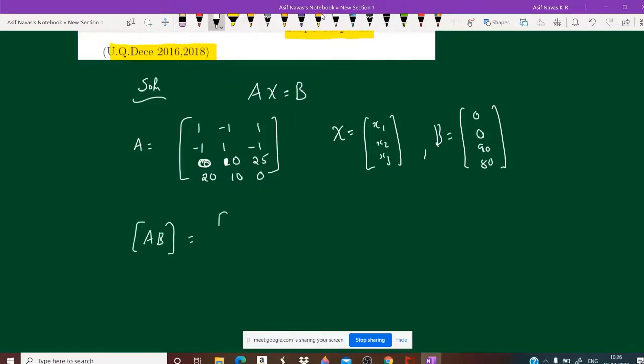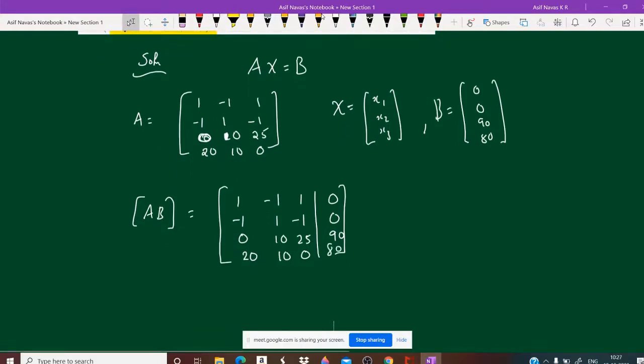AB is equal to: 1, minus 1, 1, 0; minus 1, 1, minus 1, 0; 0, 10, 25, 90; and the last row 20, 10, 0, 80. Okay. Now what is the next step?